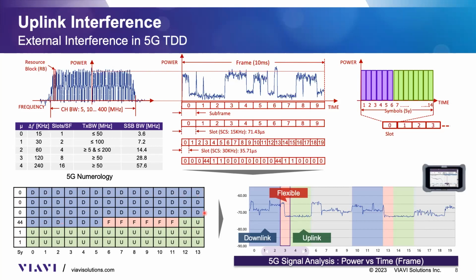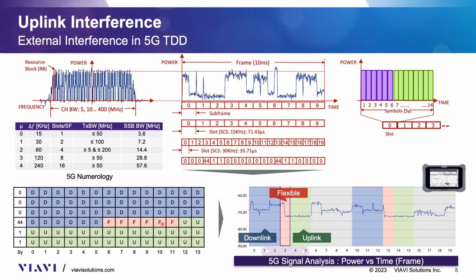So as you can see, the time allocated for downlink, flexible, and uplink, it's much narrower. So that creates a little bit of a challenge when we want to assign a gated sweep spectrum to analyze for the uplink.